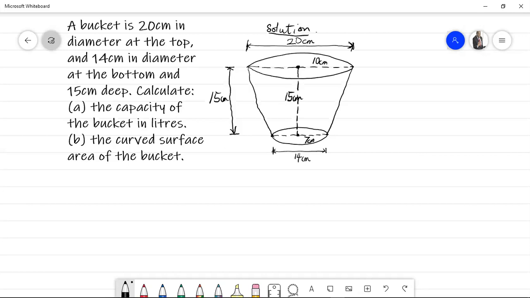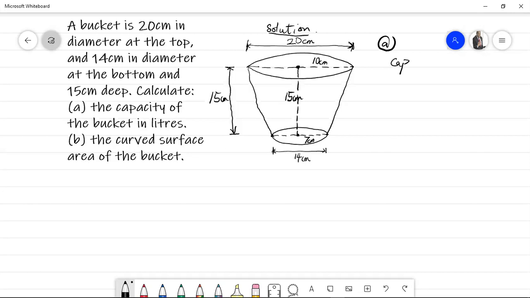Before we proceed, we want to find the capacity of the bucket. The capacity of the bucket is equal to the volume of the bucket in liters. So let's take a note of that very quickly. We are solving question A now.